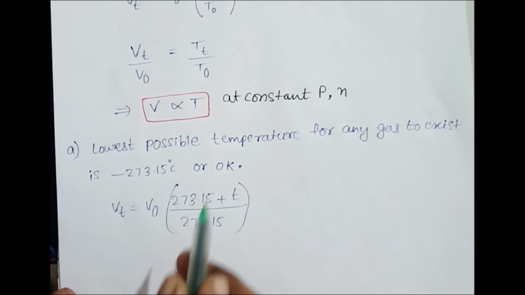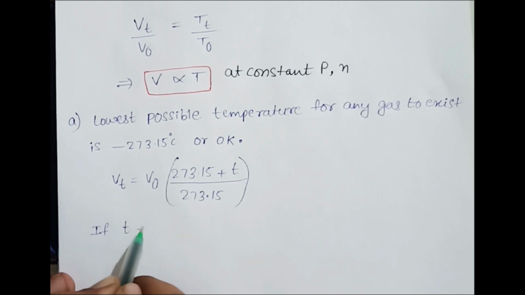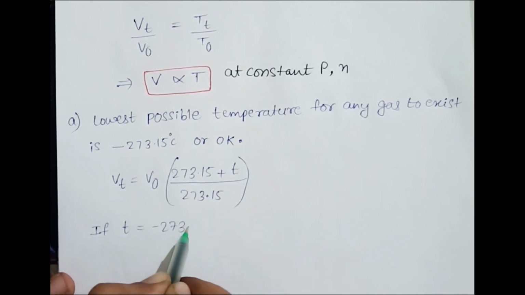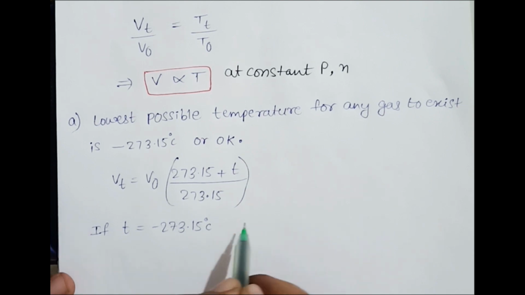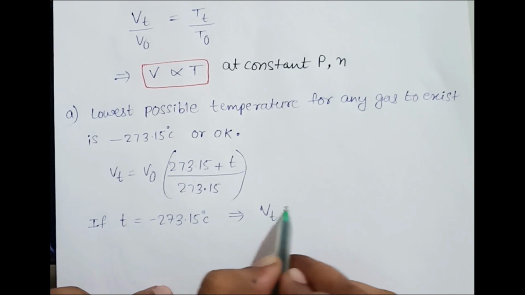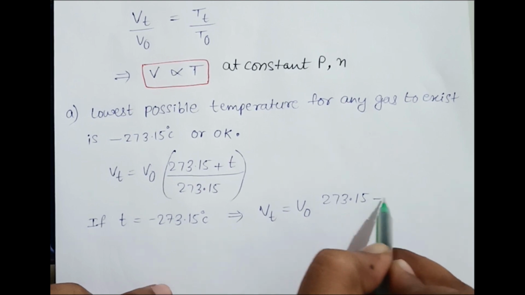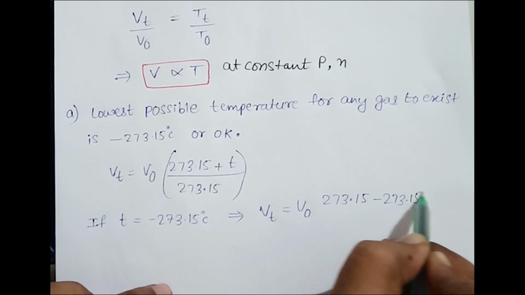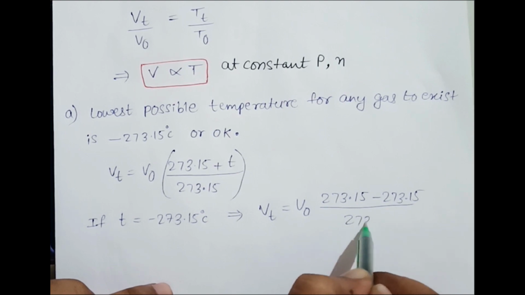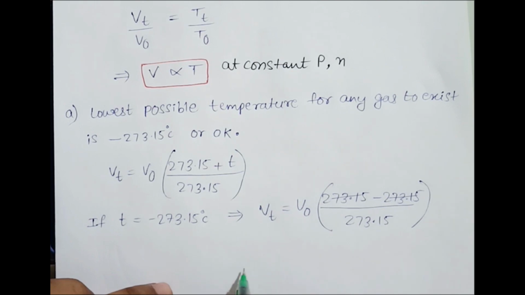Now suppose we put temperature equal to minus 273.15 Celsius, what volume will come? You tell me. So put the value: Vt is equal to V0 into (273.15 minus 273.15) divided by 273.15. So here it cancels to 0. So Vt is equal to V0 into 0, which is equal to 0.